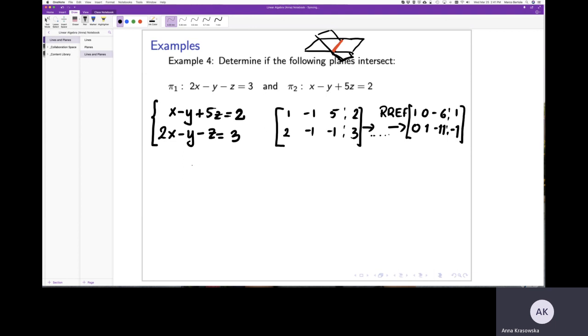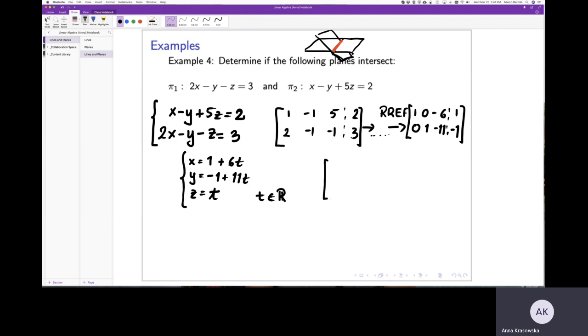If we write the solution, you will have to introduce a parameter. For z we introduce the parameter t, and therefore y will be minus 1 plus 11t, and x is 1 plus 6t. I hope you can recognize that we can interpret this as a parametric equation of a line.